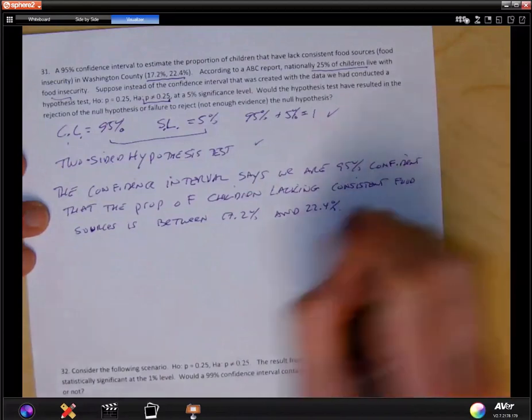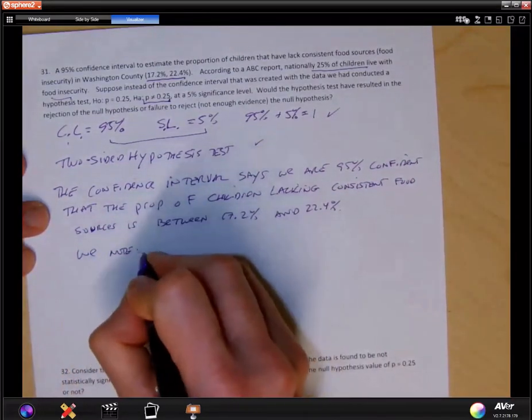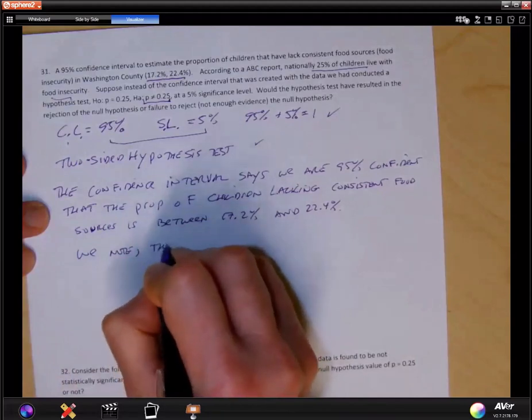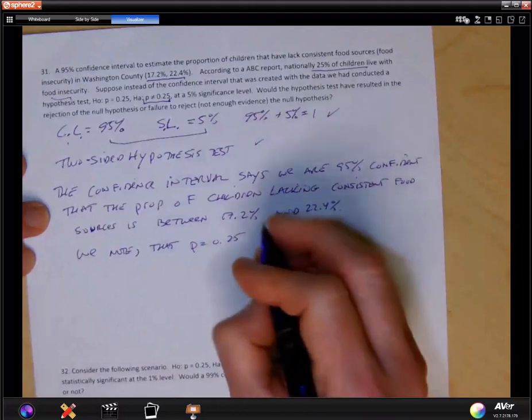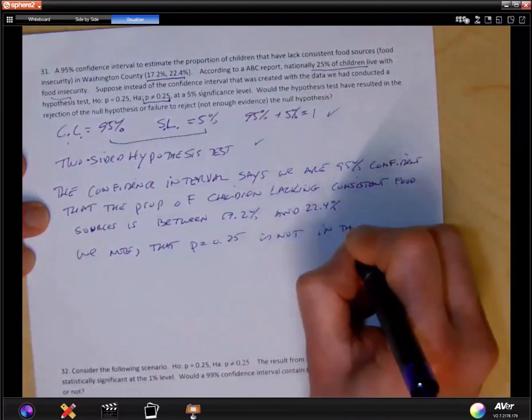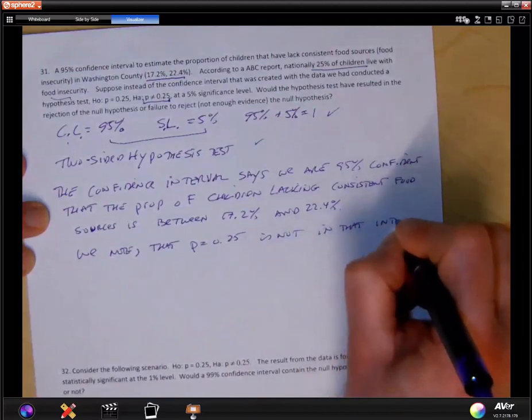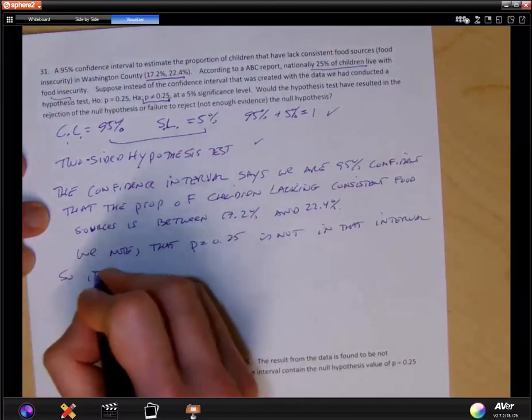Now we know that p equals 0.25 is not in that interval. So it is not one of the choices.